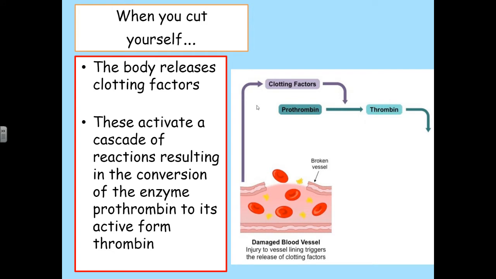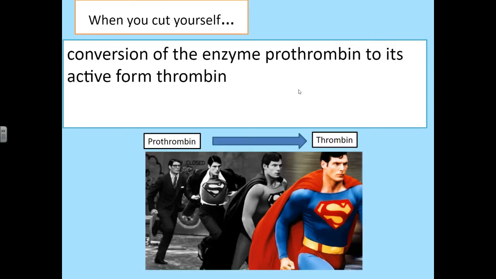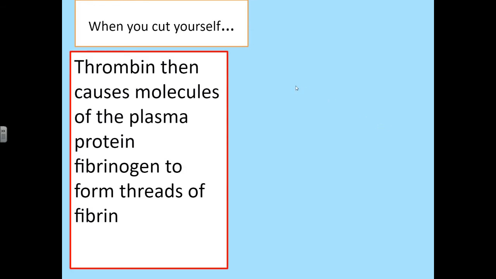So clotting factors are released because of damage. This makes the inactive form of the enzyme, which is called prothrombin, become the active form, thrombin. So the conversion of the enzyme prothrombin to its active form, you can think about Clark Kent becoming Superman. The thrombin then causes molecules in your plasma protein called fibrinogen to form threads of fibrin.